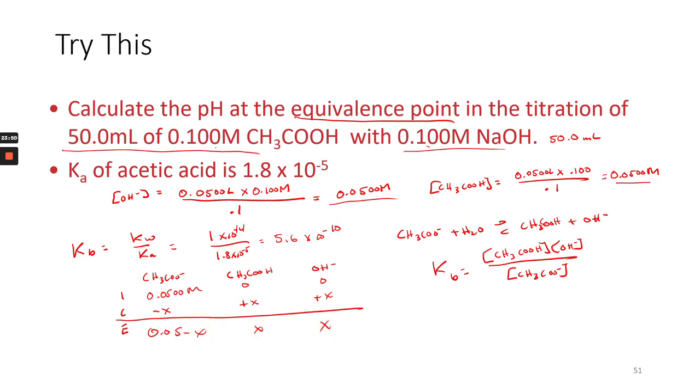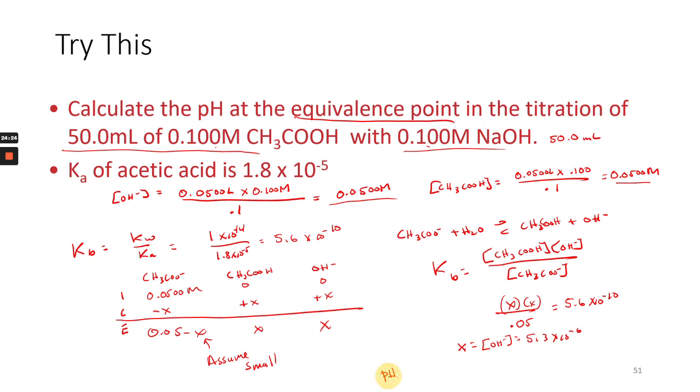So now if we plug that in here, we get x times x. We could assume this is small, divided by 0.05 is equal to my Kb value. Then solving for x, which is the hydroxide concentration, we get 5.3 times 10 to the minus 6.